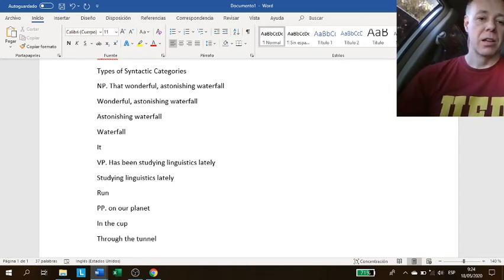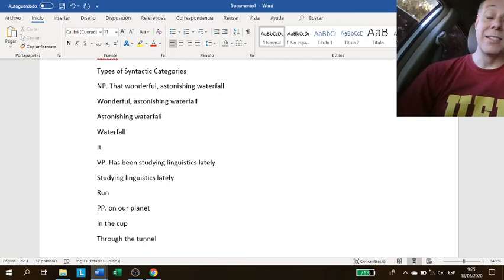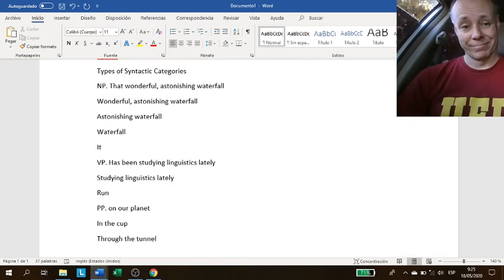Okay, so we have three different types: noun phrase, verb phrase, and prepositional phrase. Three different syntactic categories. Okay, very good.